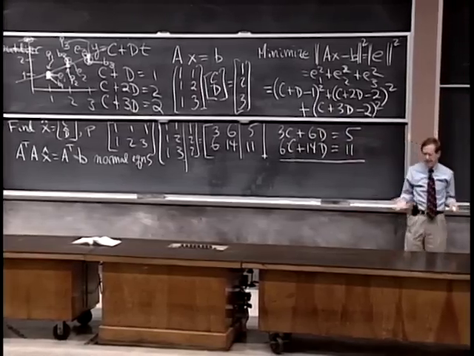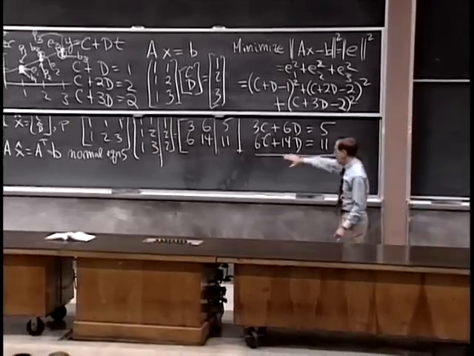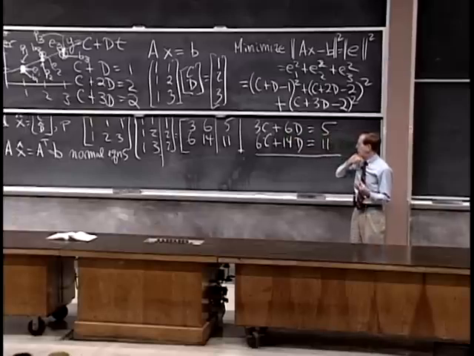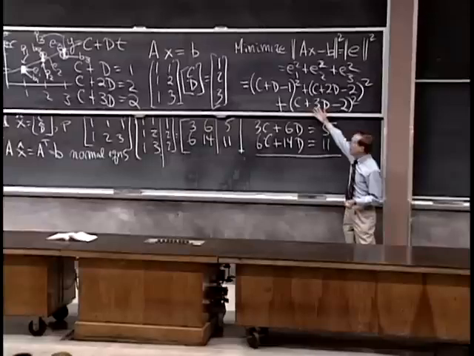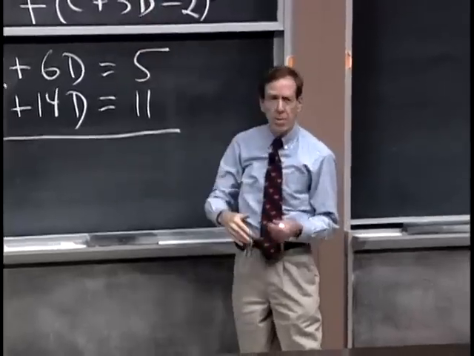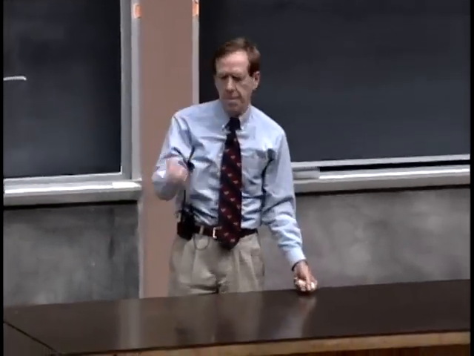How would you minimize that? Linear algebra has given us the equations for the minimum. But we could use calculus too. That's a function of two variables, C and D, and we're looking for the minimum.